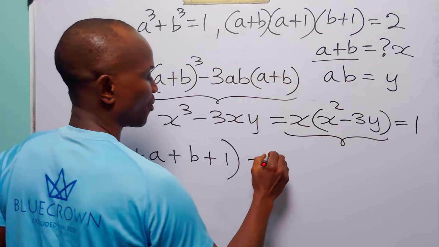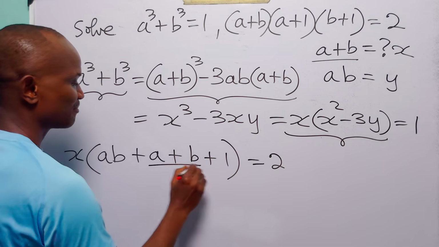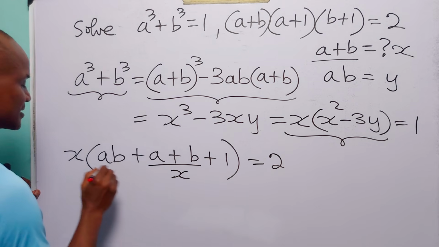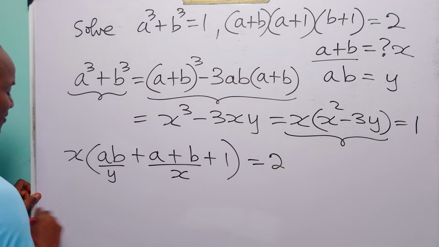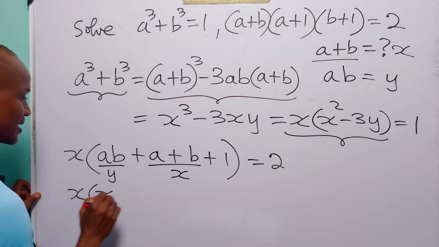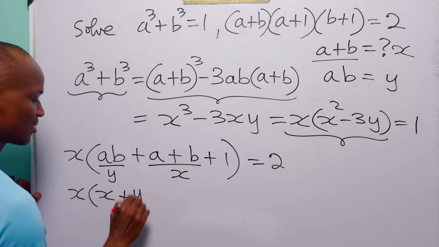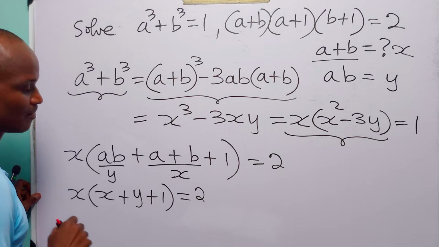Now, this is equal to 2. Remember that a plus b is equal to x and ab is equal to y. So we can write this equation as x times x plus y plus 1 is equal to 2.